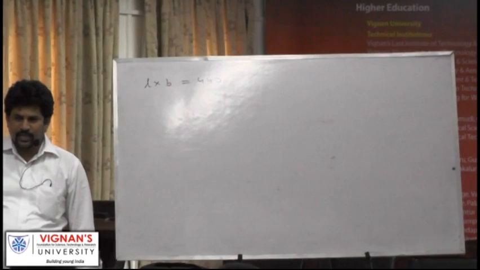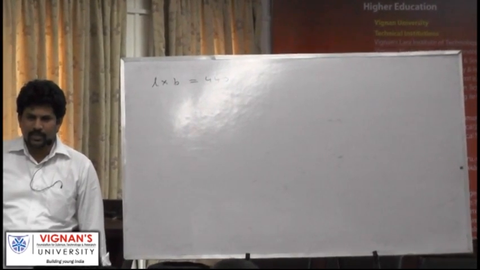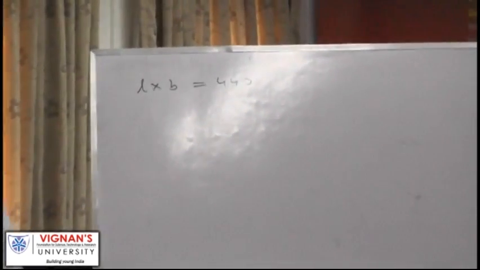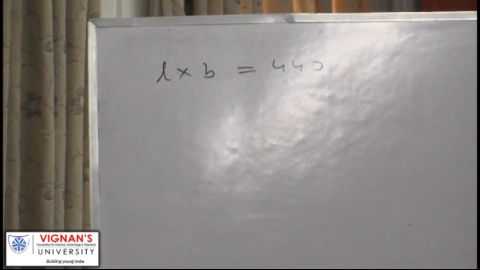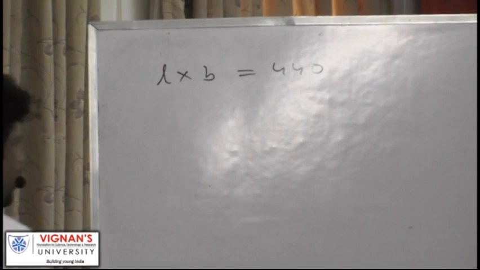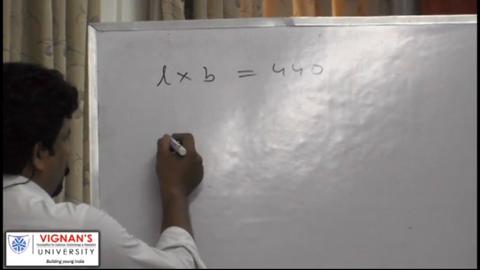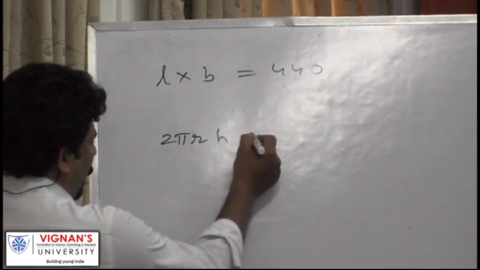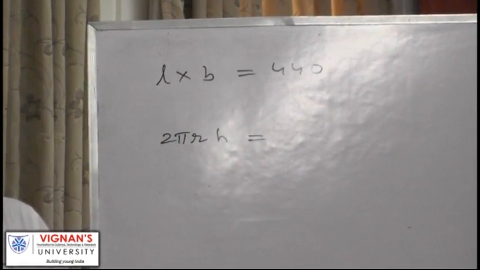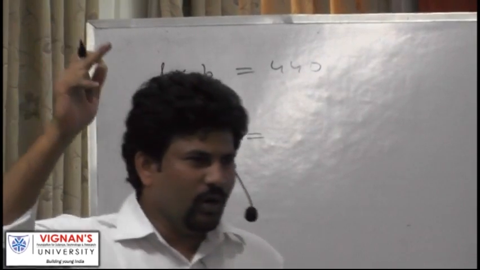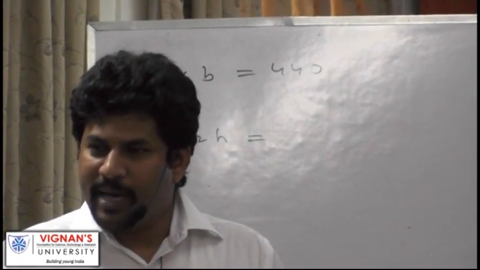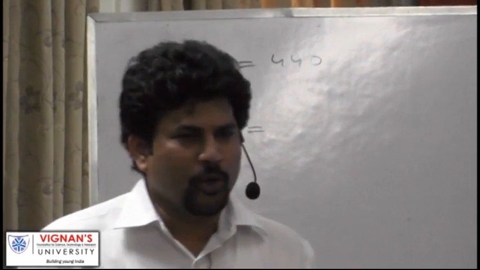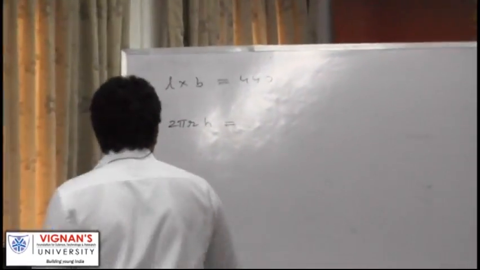This is the same as the curved surface area of the cylinder. What is the curved surface area of a cylinder? 2 pi r into the height of the cylinder. Circumference of the base into height will give you curved surface area. Base area into height will give you volume. So this is also equal to 440.